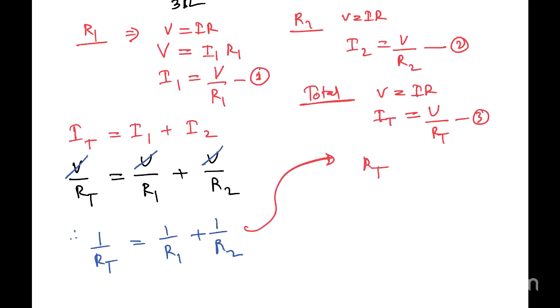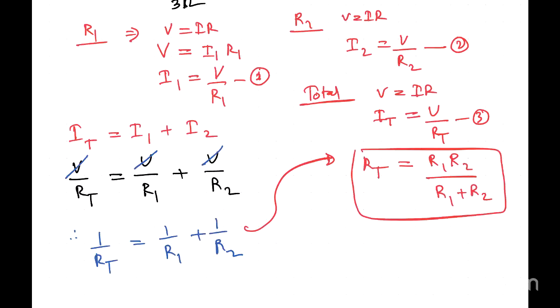So RT is going to be equal to R1 into R2 divided by R1 plus R2, right?